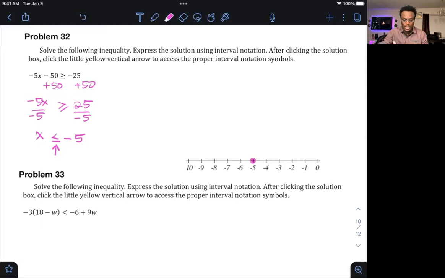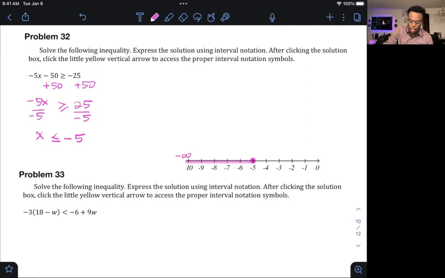And then it's less than or equal, so the solution will cover everything less than -5, including -5. And when it passes -5, it goes all the way to -infinity.